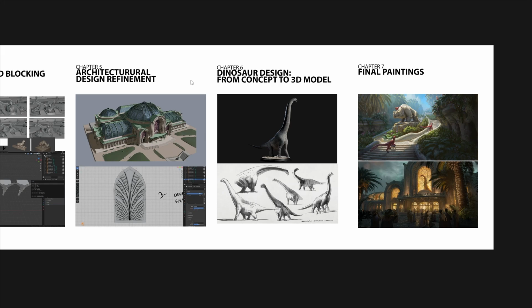And then we'll move on to chapter 7, which is the last chapter. It's about final paintings and keyframes. Before doing the actual paintings, I will show you how to find interesting and appealing compositions in Blender using your camera.